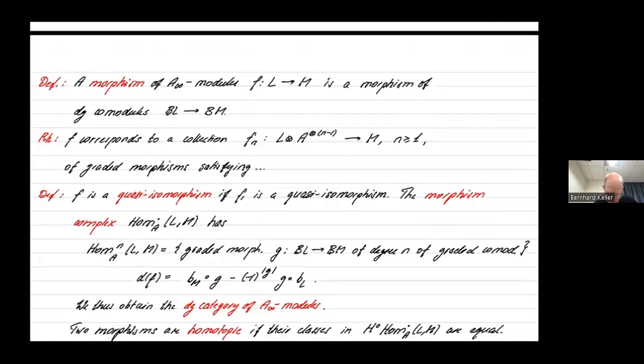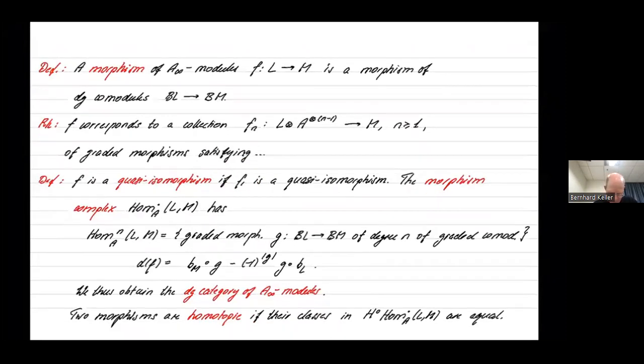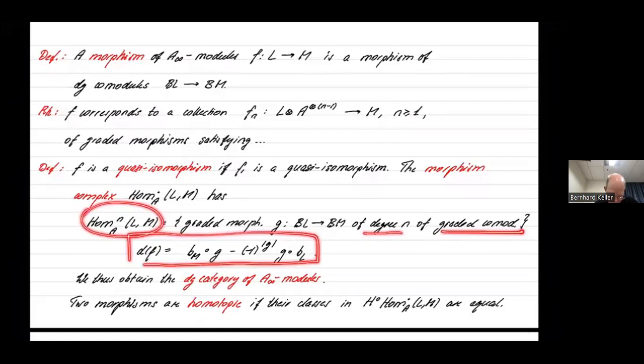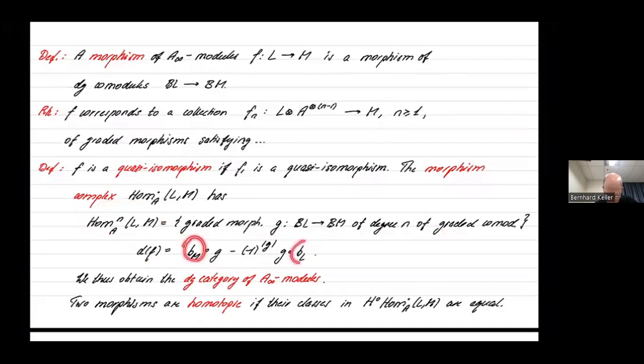We have the morphism complex, its nth component is formed by the graded morphisms of degree n, just of graded comodules. And the differential of this complex is defined using the graded commutator with the differentials of BL and BM.